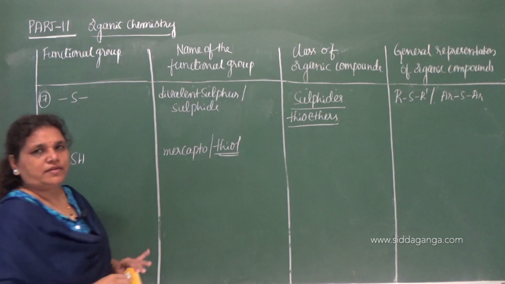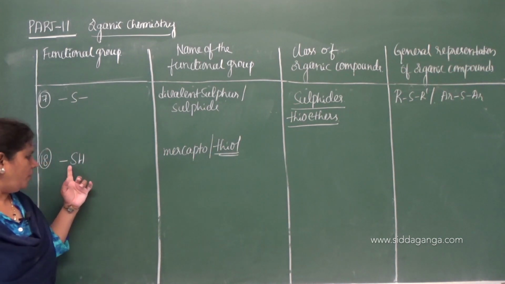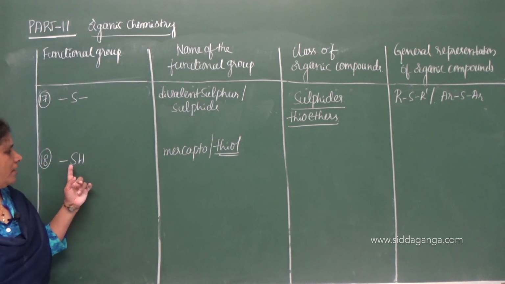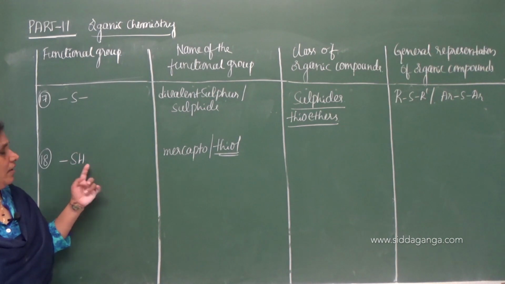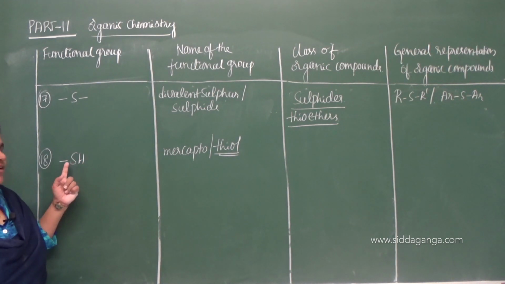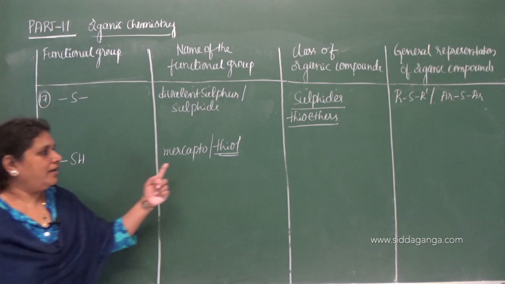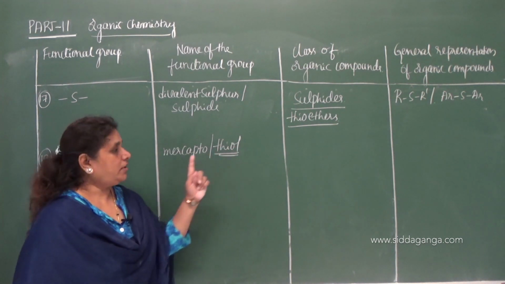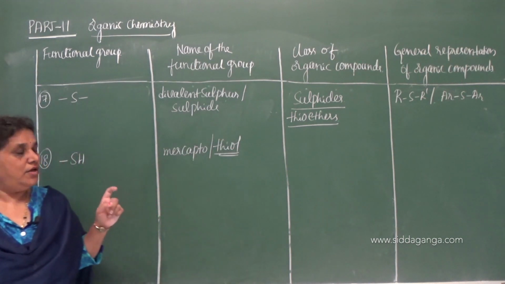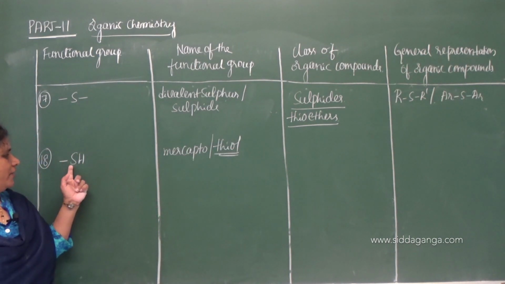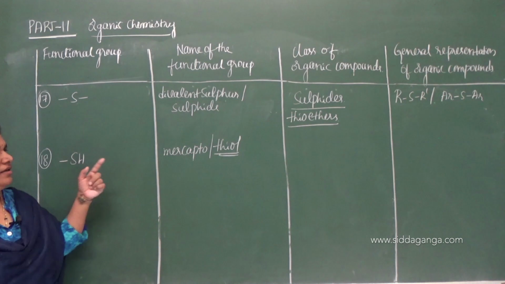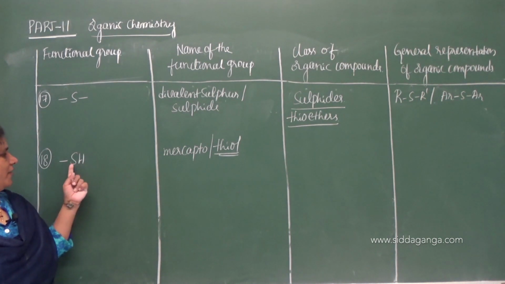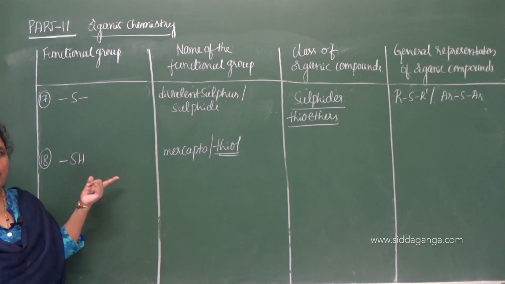See here, if the OH group is there, then you call it alcohol. When instead of oxygen we write sulfur here, it becomes thiol, thioalcohol. Thiol means it is sulfur. If you write OH here, then it becomes alcohol.